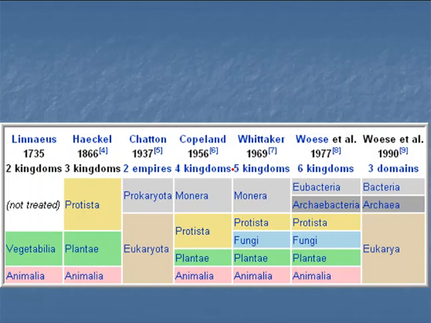And so we're currently under a classification system of 3 domains, which is this one on the end. And so that's 3 big groupings. That's bigger than the kingdoms. And that is kind of subdivided into prokaryotic cells and eukaryotic cells.